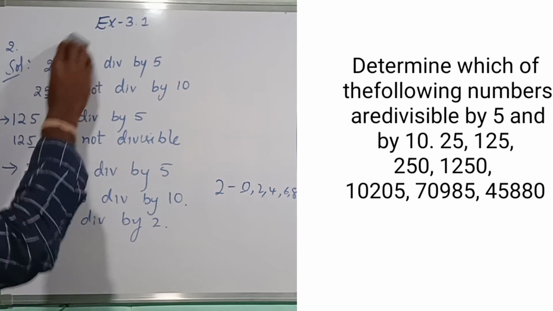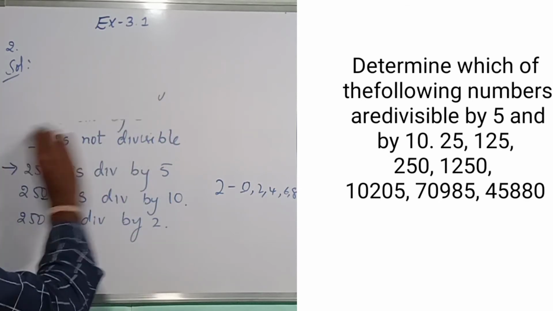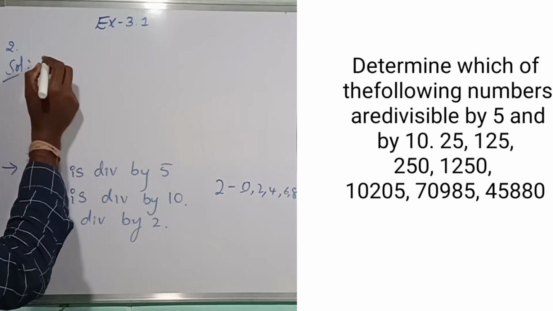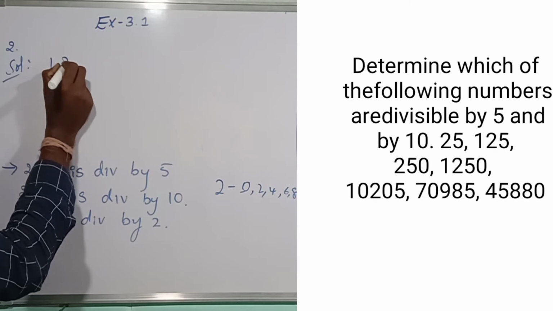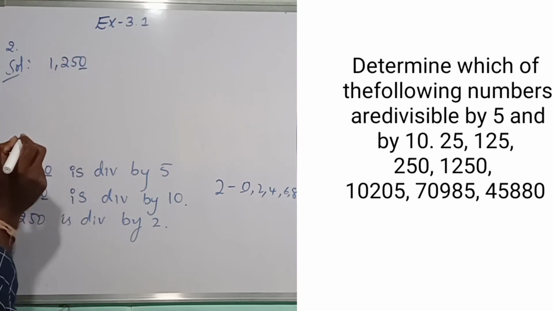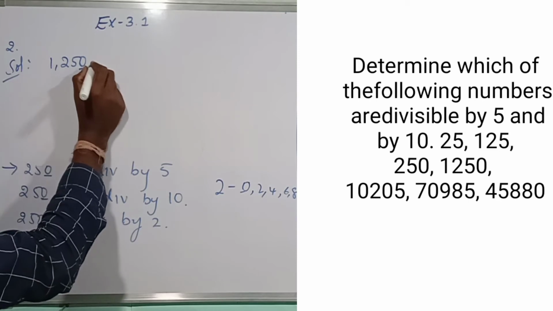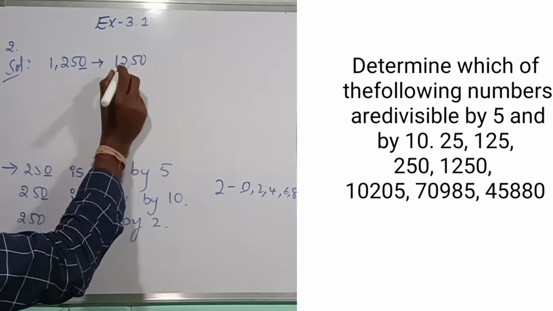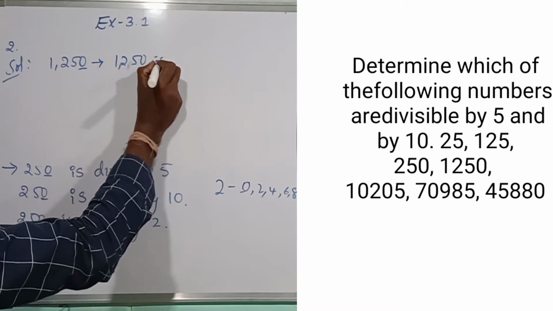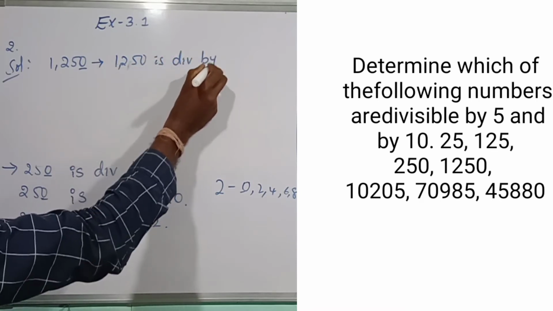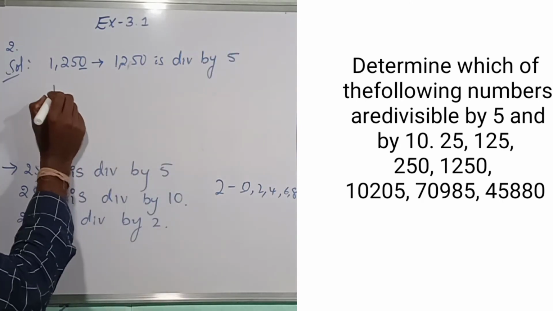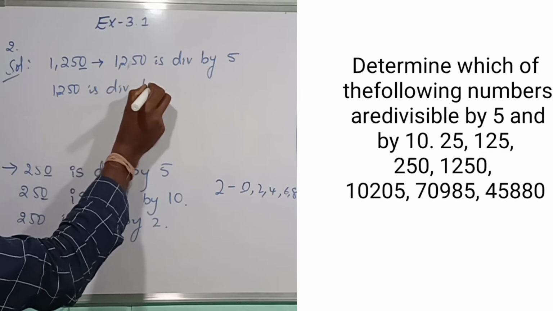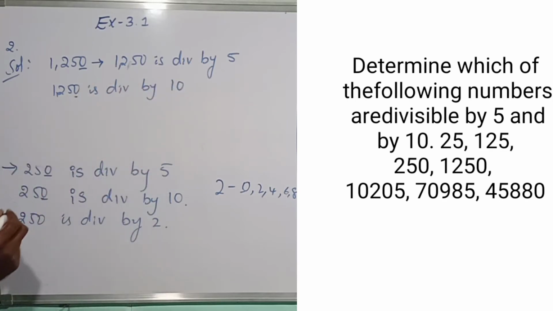Now we are moving to the next one: 1250. The last digit is 0, so the number is divisible by 5. 1250 is divisible by 10, because the last digit is 0.